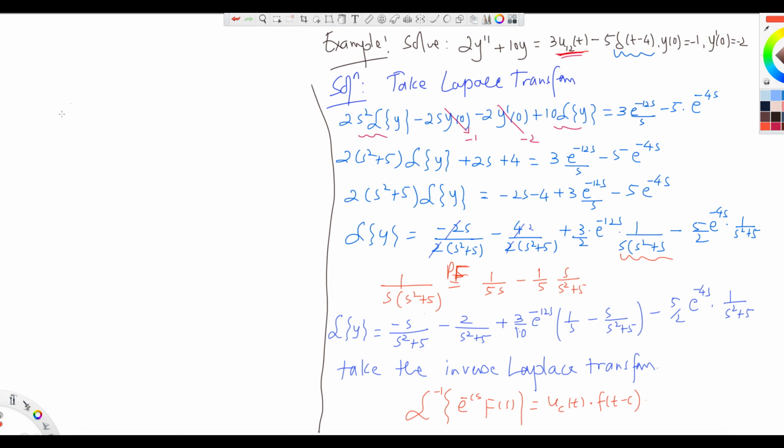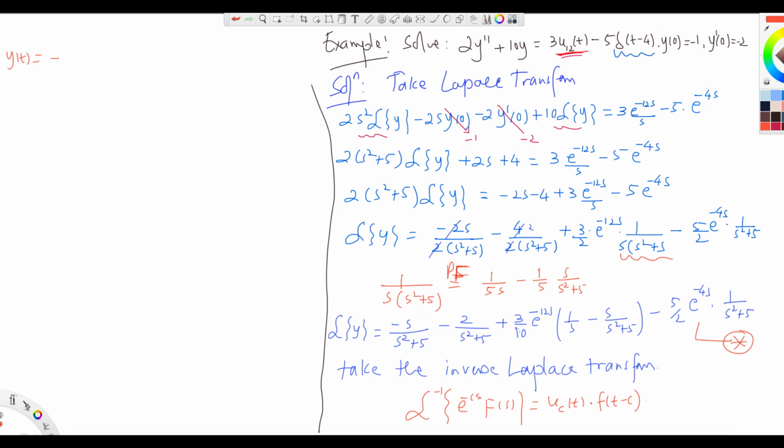Okay, when you take the Laplace transform of this equation star, then we will get y(t) equals to, now you take the inverse Laplace transform of that, and what do you get? Negative cosine, right? Because that one is just straightforward.